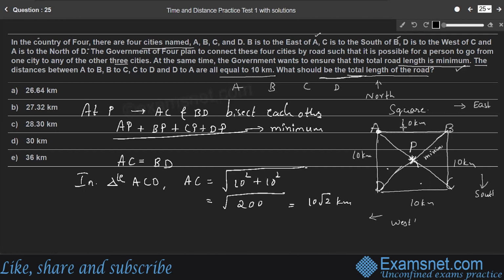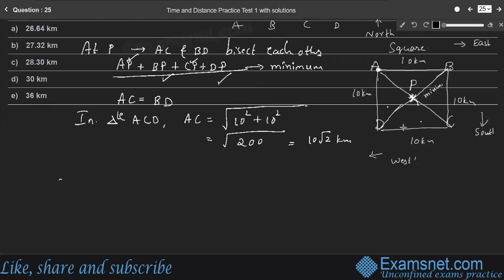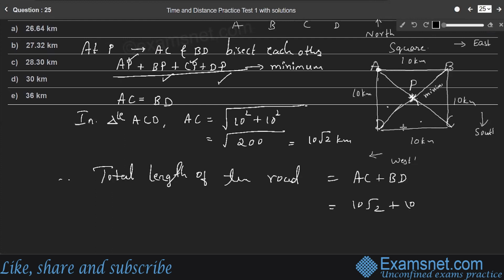So we need the total length, AP plus BP plus CP plus DP. Since AP plus CP is AC, and BP plus DP is BD, the total length of the road is equal to AC plus BD. So 10 root 2 plus 10 root 2, which is 20 root 2 kilometers.